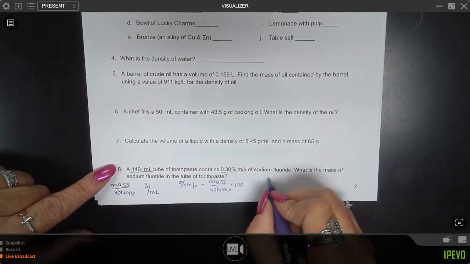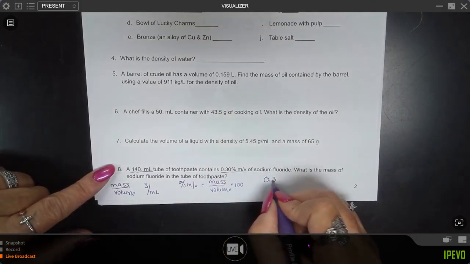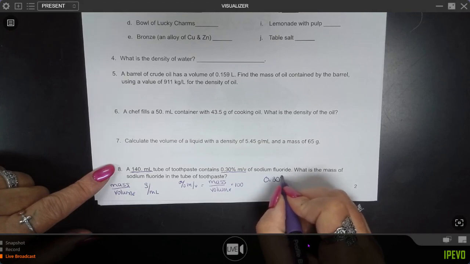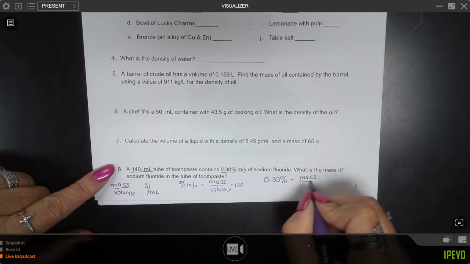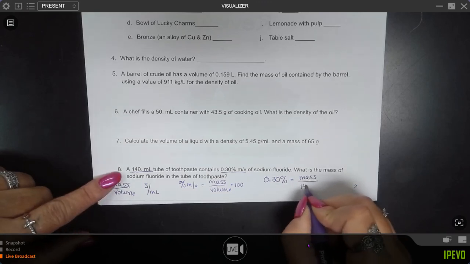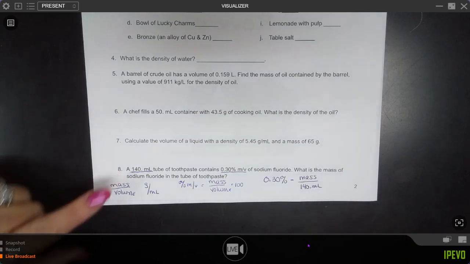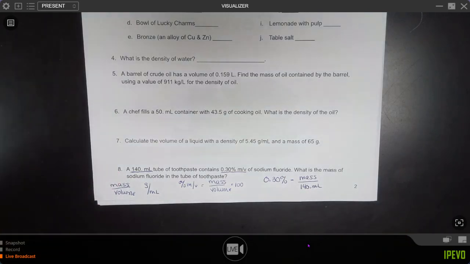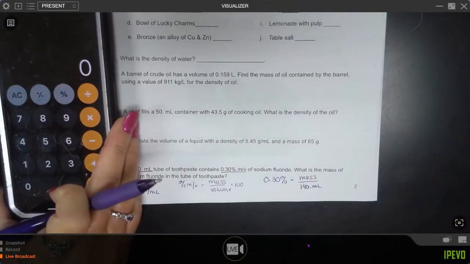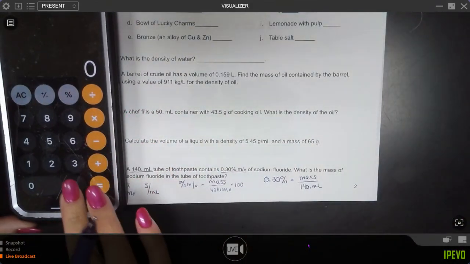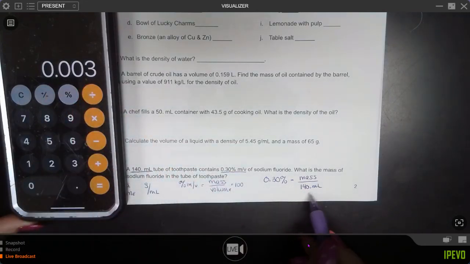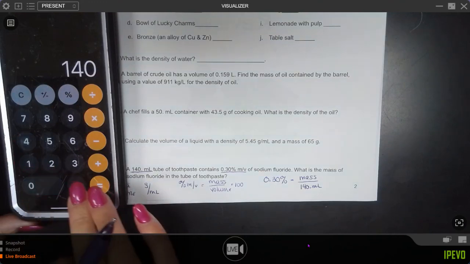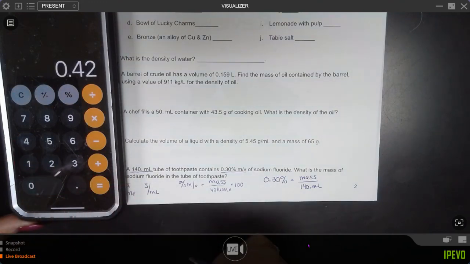All right, so 0.30% is going to be equal to the mass, which is what we're looking for, over 140 milliliters. Okay, so if I plug that into my calculator, which at this point I'm using my phone, 0.3% times 140 is equal to 0.42.